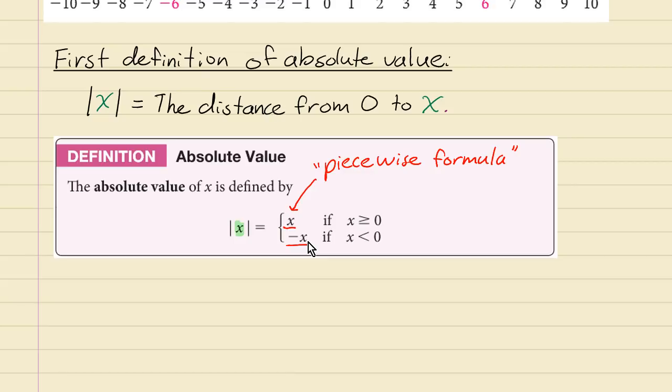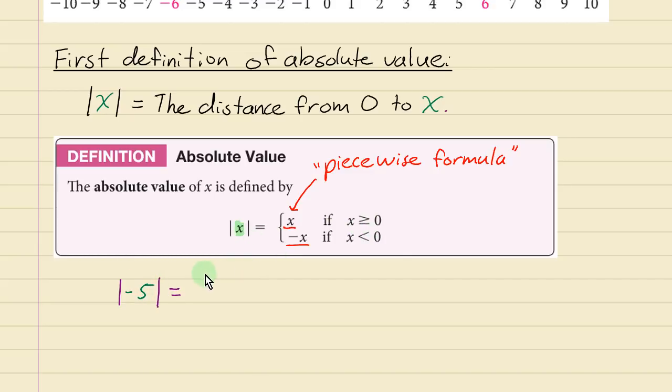So let's just do a quick example of how you can read this. Let's say you're taking the absolute value of, I don't know, x equals negative 5. Then you can say, okay, there's two choices for how to read this formula. I could say, is this true? Is x greater or equal to 0? No. So I ignore that because this negative 5 is less than 0.